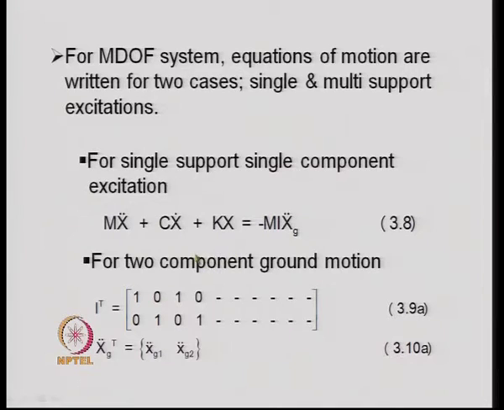So, these are the modifications that are made when we write down the equation of motion for a multi-degree of freedom system. The proof of this is well known to all of you who have done dynamics.